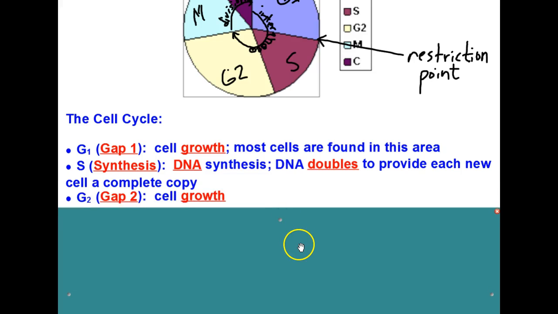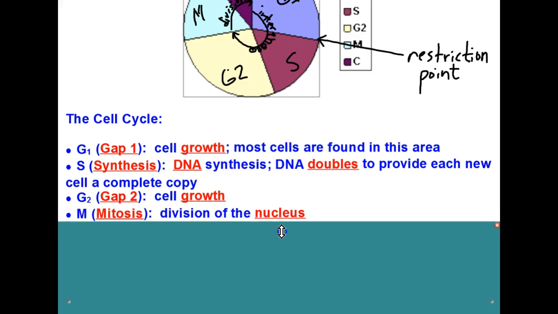G2 is the gap 2 stage, and here we simply have continued growth and preparation for division. The M is the mitosis stage, and this is the division of the nucleus. The nucleus divides, the DNA is split exactly in half.